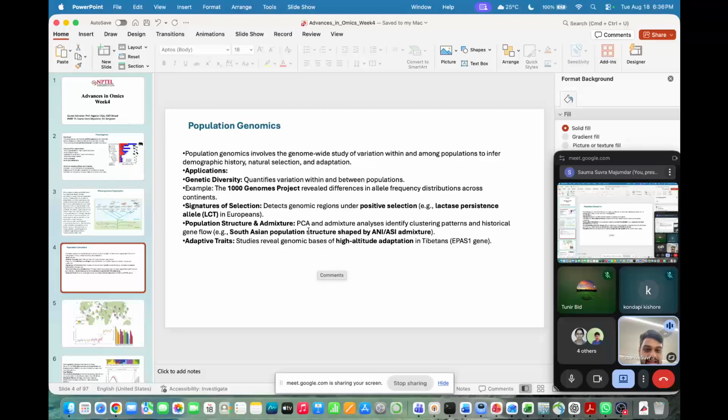So there are a couple of other examples also I've put. For example, there is this EPAS1 gene. What happens is basically, if I remember correctly, I might be slightly wrong, you can just look it up. The EPAS1 gene is involved in hypoxia related conditions, right? Low oxygen content in individuals.